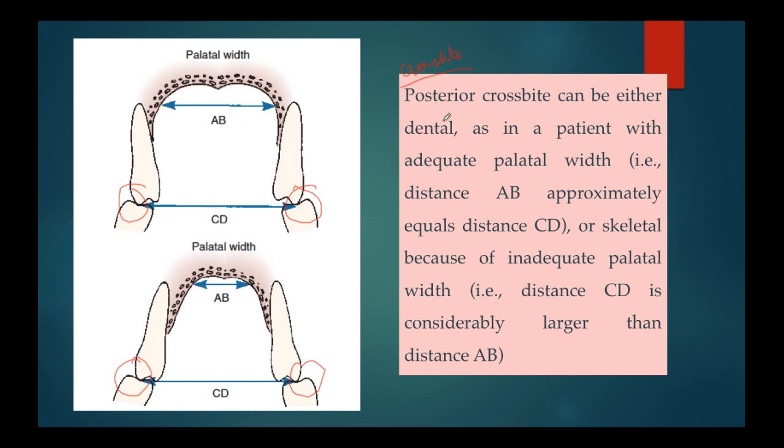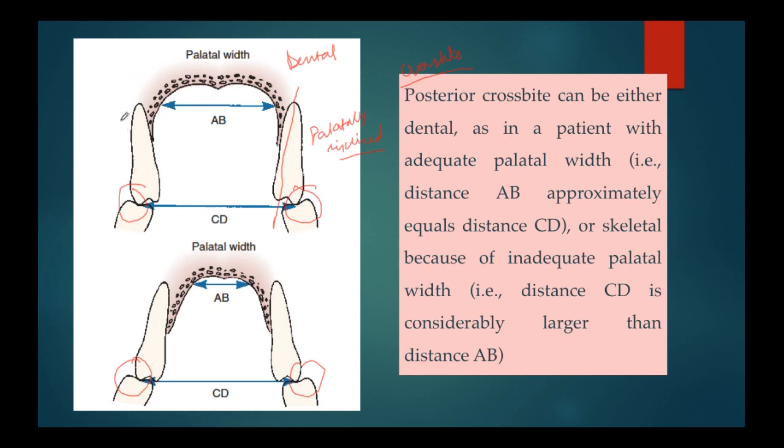The posterior crossbite can be dental, as in a patient with adequate palatal width, where the distance AB is approximately equal to the distance CD. This kind of crossbite is a dental crossbite. If you can see the teeth, they are palatally inclined. Here the distance AB is approximately equal to the distance CD, hence the skeletal problem is not there, what we have is only a dental problem.